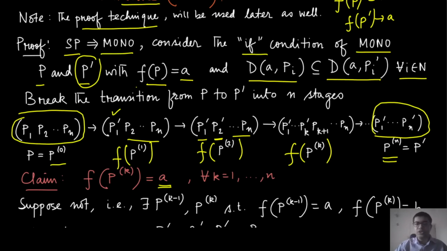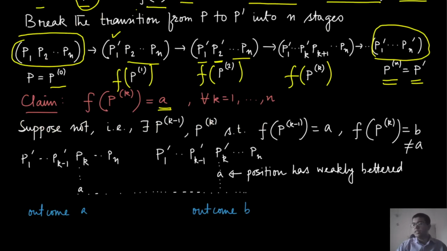And if we show this, we are already done, because at the final preference profile P prime, the outcome is also A. We prove it via contradiction. So let us assume that there exists some transition, let's say k minus 1 to k, where the social choice outcome at P superscript k minus 1 is A, but at P superscript k it has changed to some B which is not A.